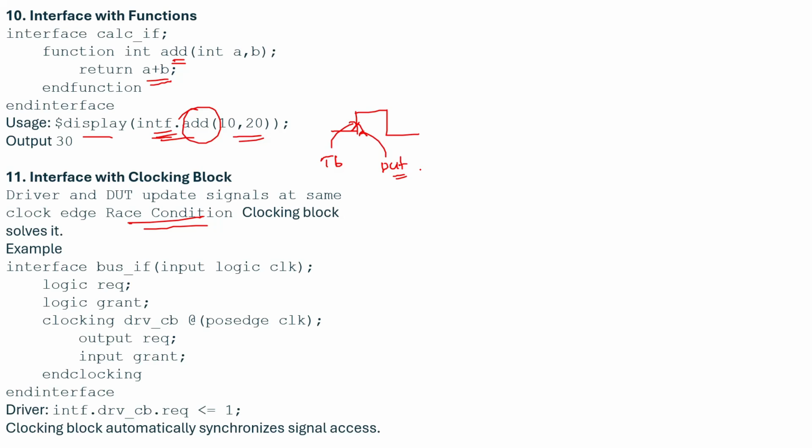So clocking blocks are used for synchronization purposes, and we need to use different posedge clocks. On one posedge clock we are driving the signals, and on another posedge clock we are seeing the outputs. So in the TB we are driving the inputs, and from the DUT we are getting the outputs, and then on the next positive clock or next negative clock I'm seeing my outputs. Then this race condition will be avoided. Okay, understood, right?